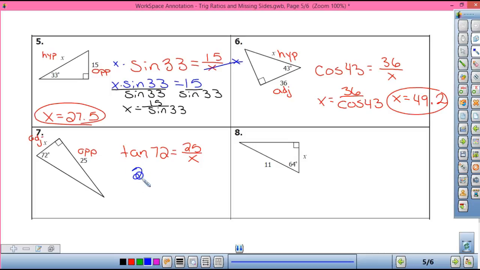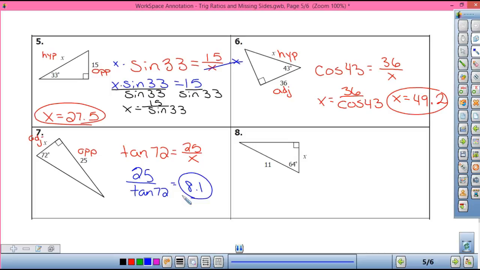Yeah, we can just take 25 divided by the tangent of 72, but you're totally right. You multiply both sides by x and then divide it. What do I get for my little a? Huh? 8.1? Is that what you guys got?